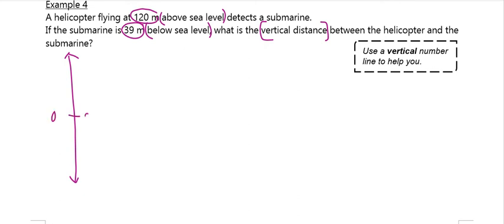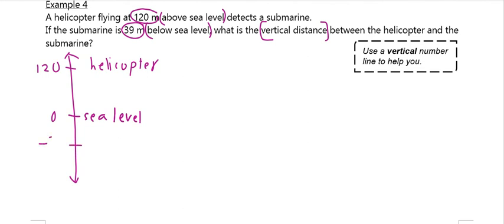So this is your sea level, right? And then you have to identify where the object is. So helicopter will be 120 meter above sea level. So here I will label it helicopter, right? And then the submarine is 39 meter below sea level.